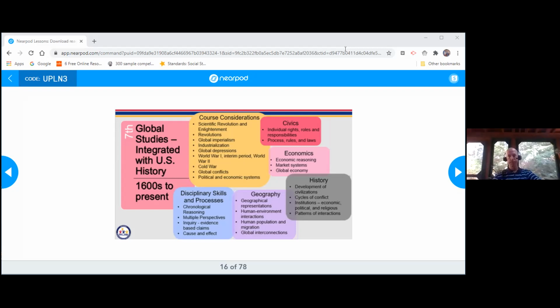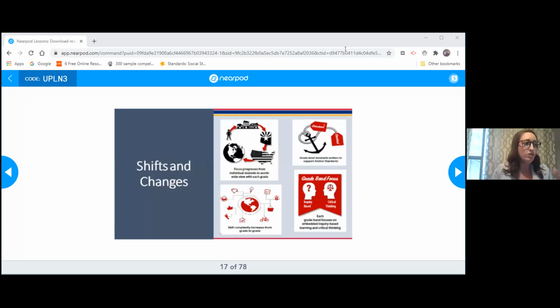It will. All right, so some of those shifts that you guys already mentioned, I'm just going to breeze over them, but that skill complexity. So you'll see standards that are similar. If you look at kinder and 1st grade and 2nd grade, you will see some of the same skills that you're seeing in your 7th grade standards, just at a different complexity.